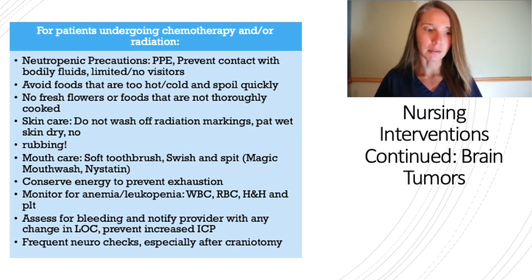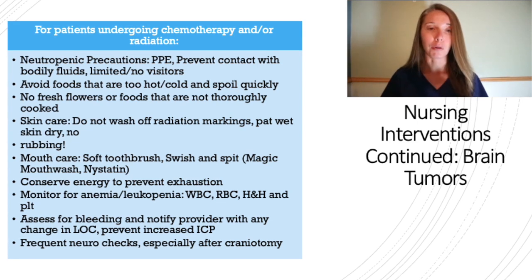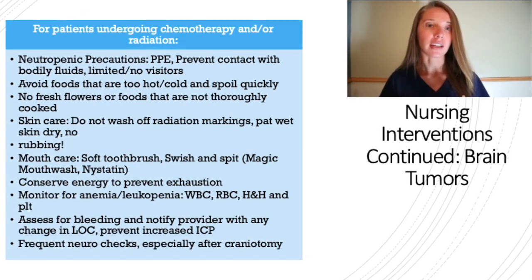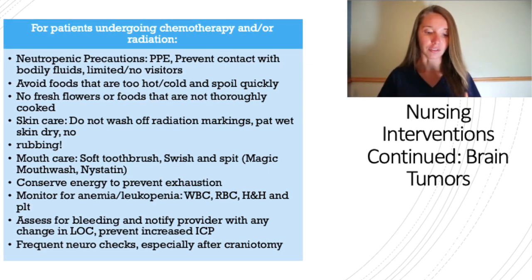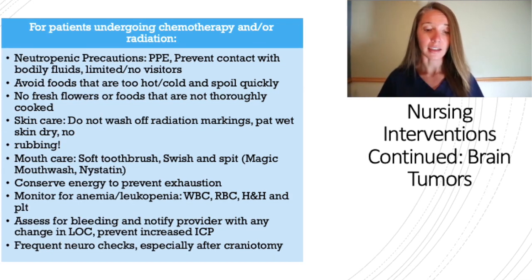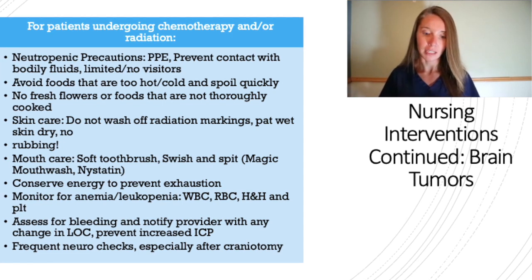We want to help them conserve their energy as well as promote mobility, while at the same time establishing routine so that they don't become delirious. And that's a really difficult balance to maintain. Again, just like with any immunosuppressed patient, you want to monitor for anemia or leukopenia.